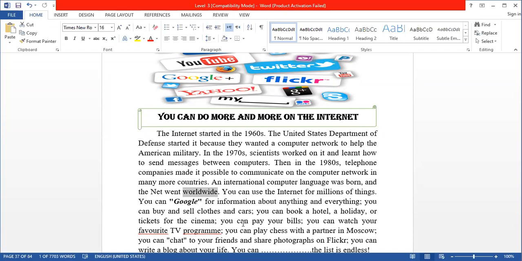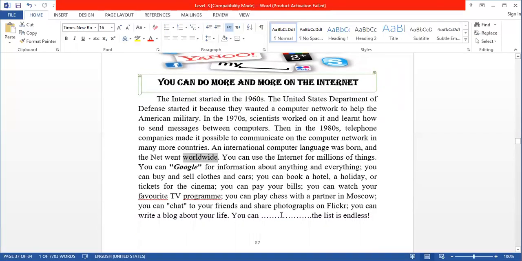You can play chess with a partner in Moscow. Also you can play chess. You know chess?